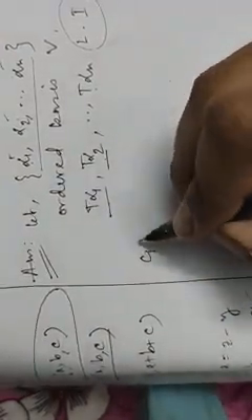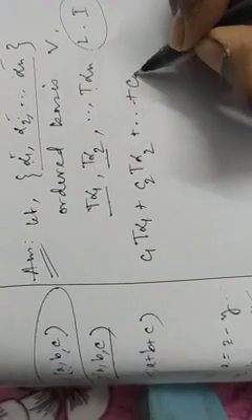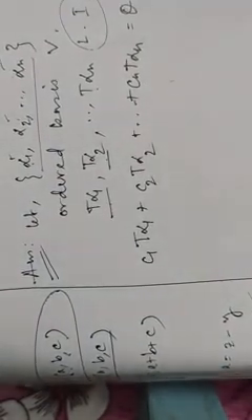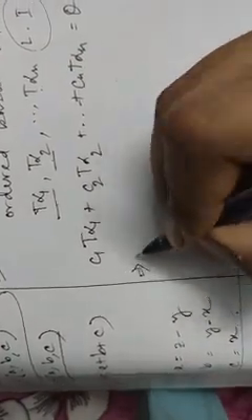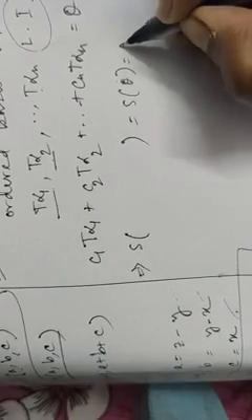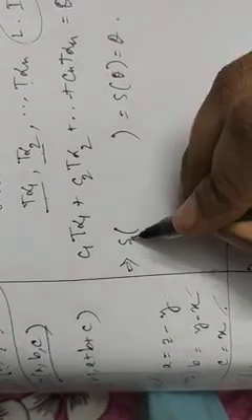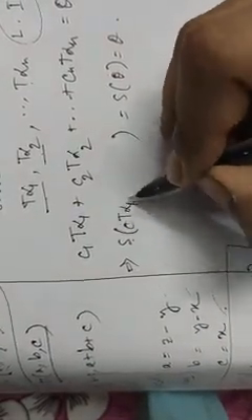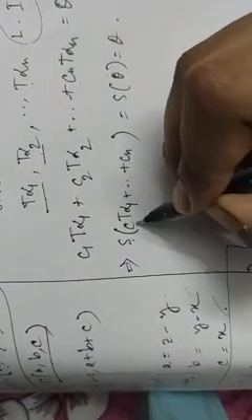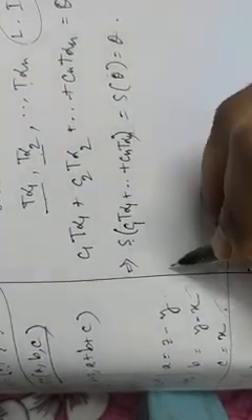For that reason, considering this relation C1 T alpha 1 plus C2 T alpha 2 plus dot dot plus Cn T alpha n equals theta. Now applying S on both sides, S of this whole quantity equals S of theta, which is obviously equal to theta. Now S of this quantity, that is C1 T alpha 1 plus dot dot Cn T alpha n. So what can we write?